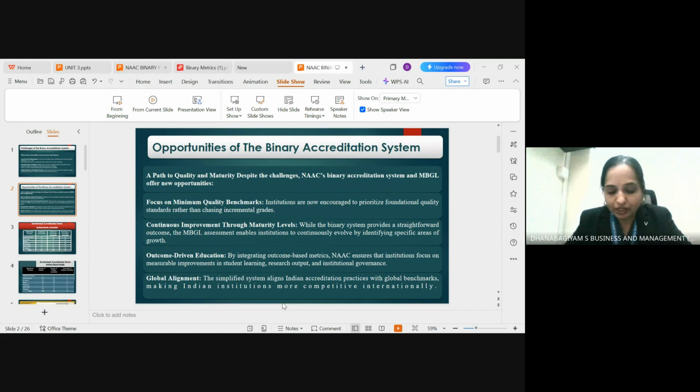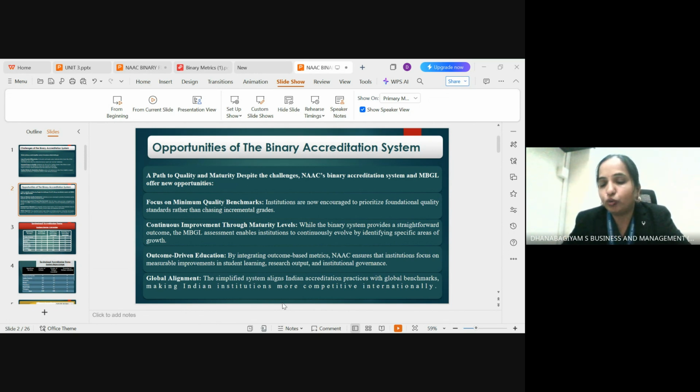In continuation, today let us see how this process happens, and what changes and steps need to be followed when an institution or university files its data for the NAAC process.